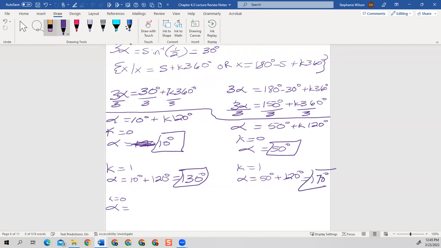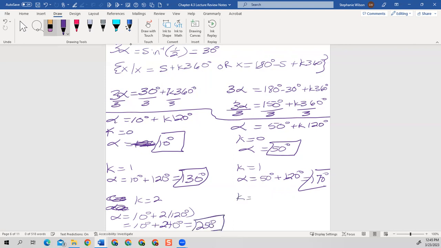So that's my third. Let's plug in when K is equal to 2. Then that means I get alpha is equal to 10 degrees plus 2 times that 120 degrees. Well, 2 times that 120 degrees gives me what? 240 degrees. Add that on, we get 250 degrees.